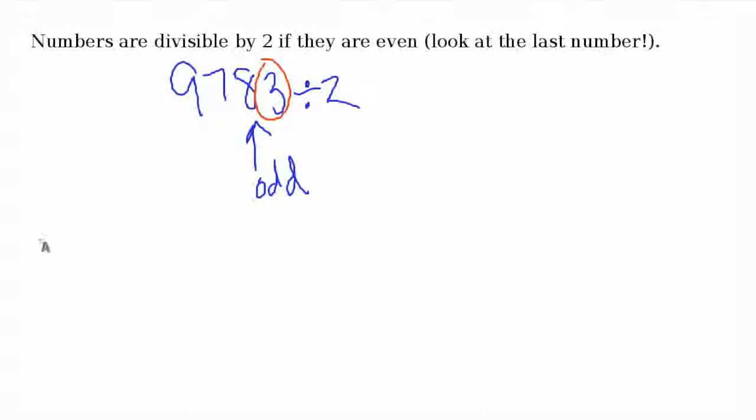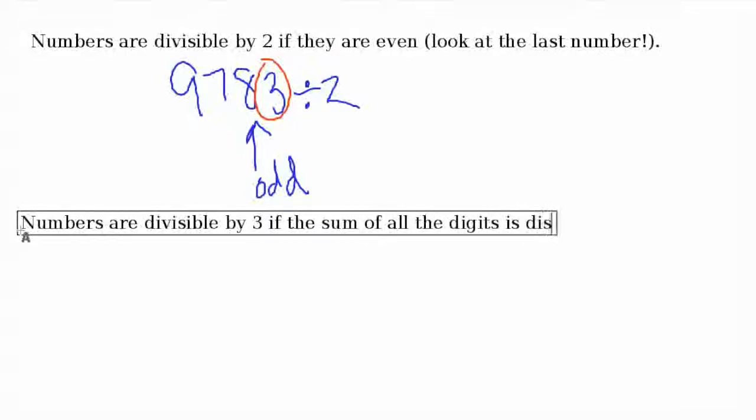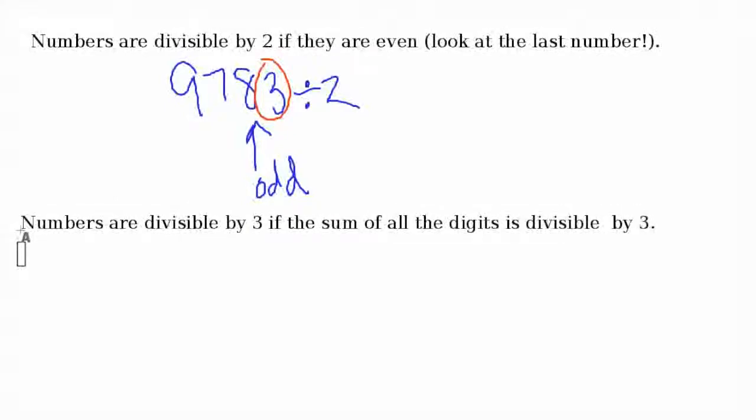Okay? Now, numbers are divisible by 3 if the sum of all the digits is divisible by 3. All right, let me show you what I mean by that.